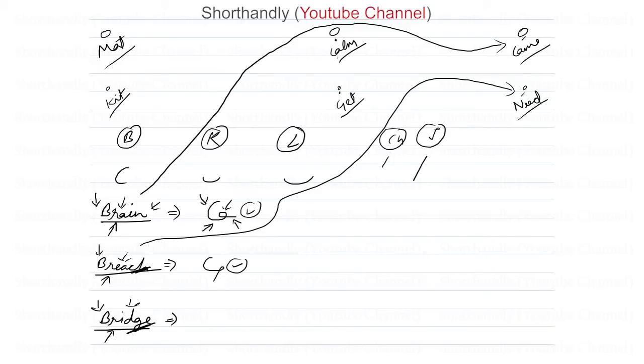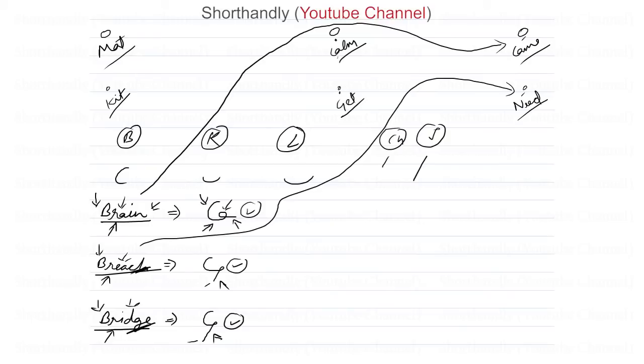So we'll combine these characters, and the overall bridge word will be made like this. You notice here we used cha and here we used J. This one is a short stroke and this one is a long stroke. So this is our final word called bridge.